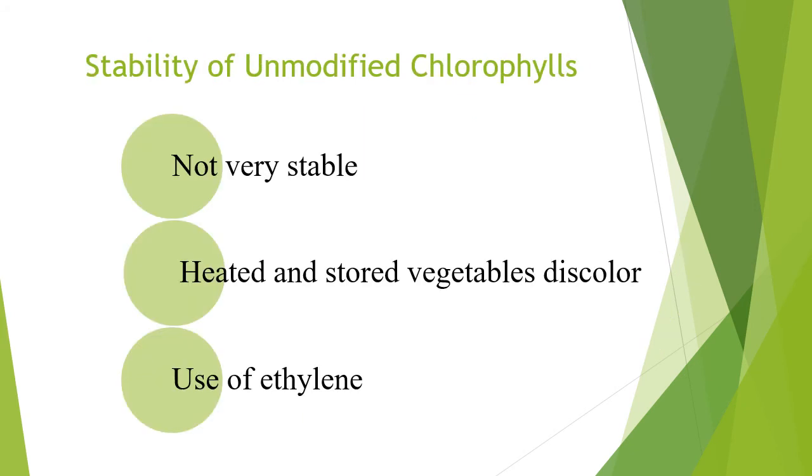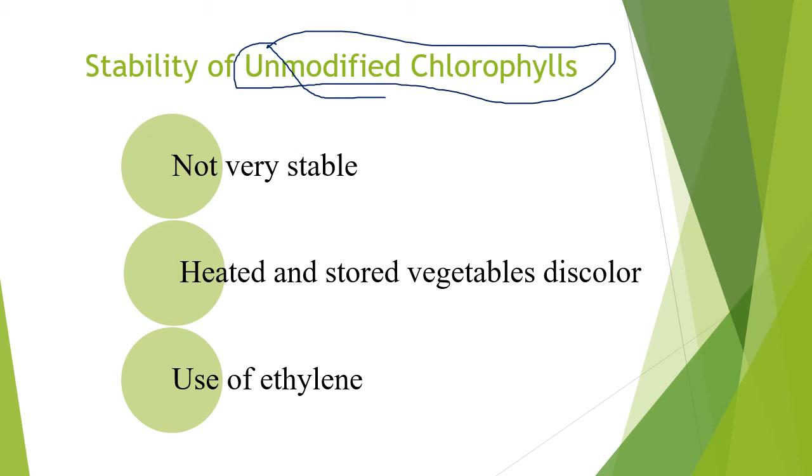Now, based on this fact, we can easily conclude that the unmodified chlorophyll which is present in nature is not very stable, or its chemical stability is very low, because in the presence of stomach acids or some other external factors it can be easily degraded and converted into other biological compounds.